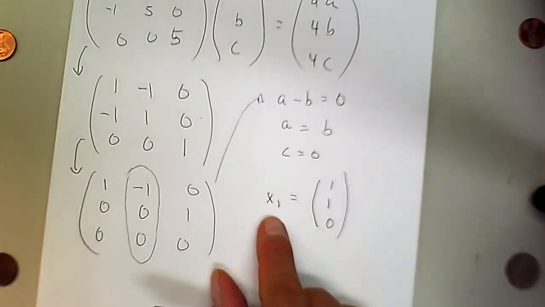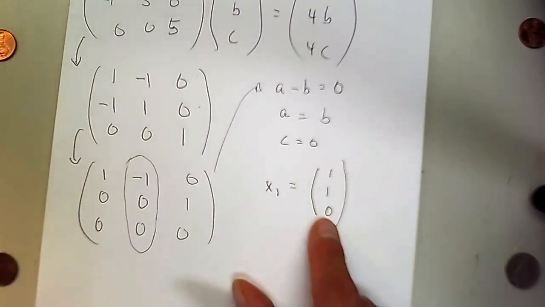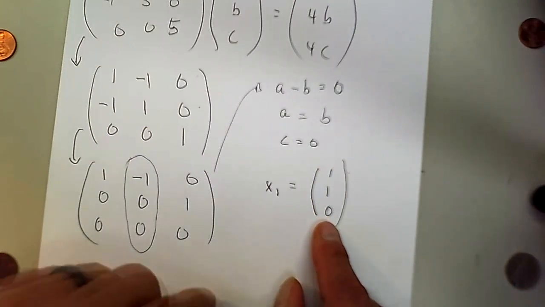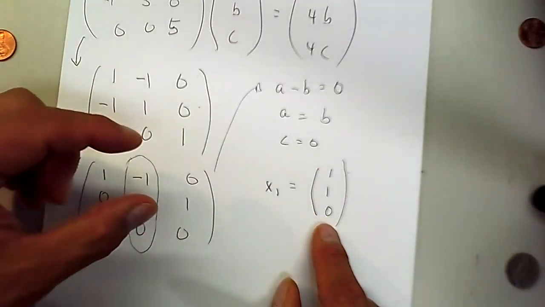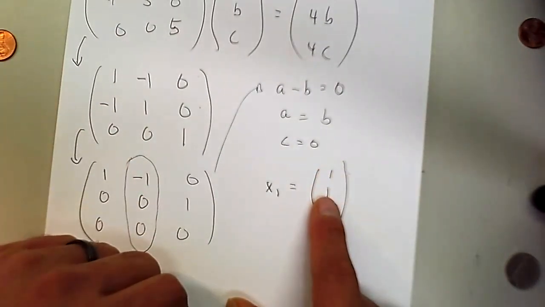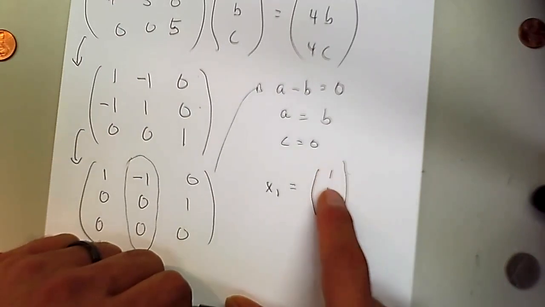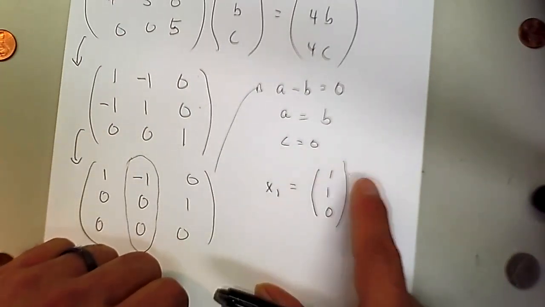Now, we're going to change that into a y1 because we want our eigenvector to be normal, to have a length of 1. Right now it has a length of square root of 2, because 1 squared plus 1 squared is 2, and then we take the square root of that to get its length.